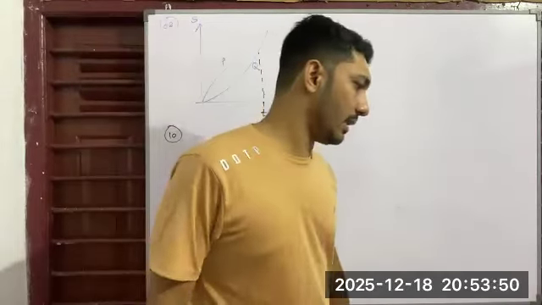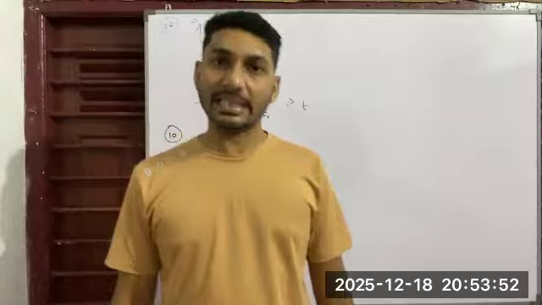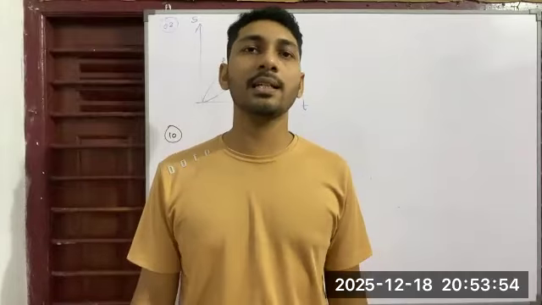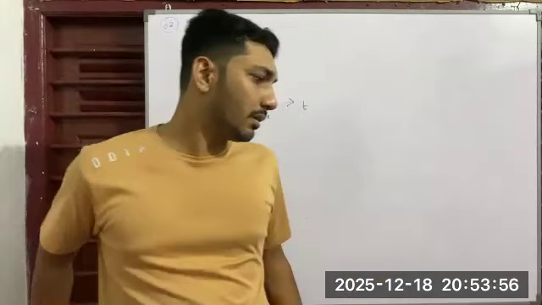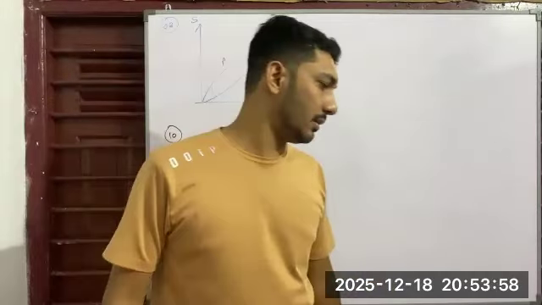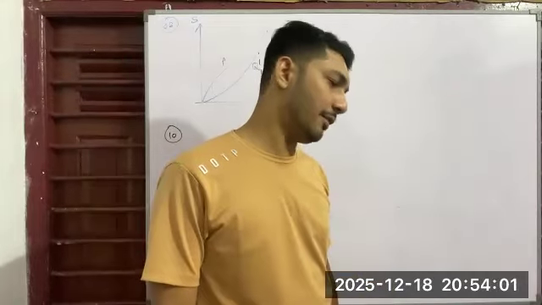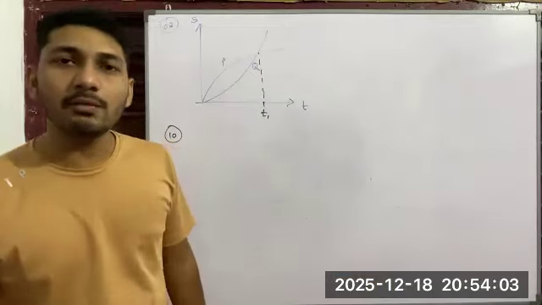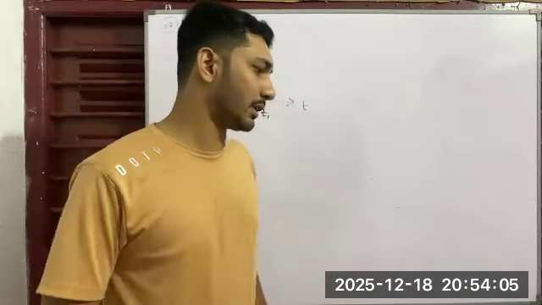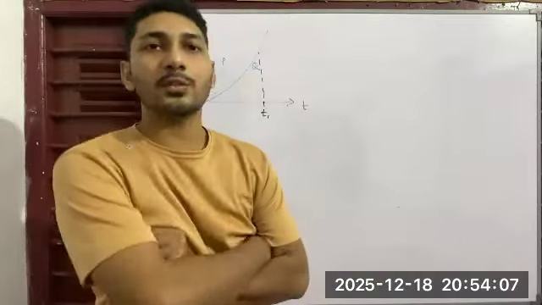It should have a constant acceleration because it's under gravity, so a curve is not possible. Third one is not possible. Fifth one is not possible. And speed will not be constant, so the second one is not possible. The correct answer is the first one.